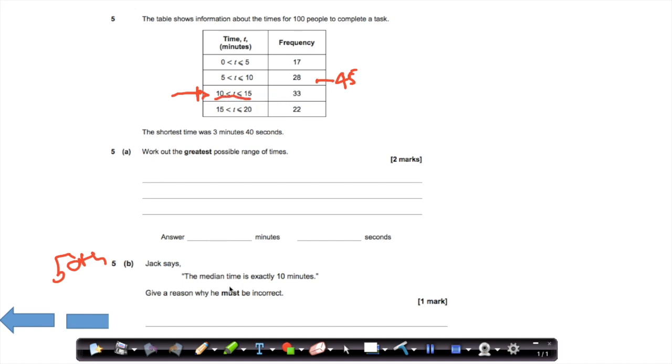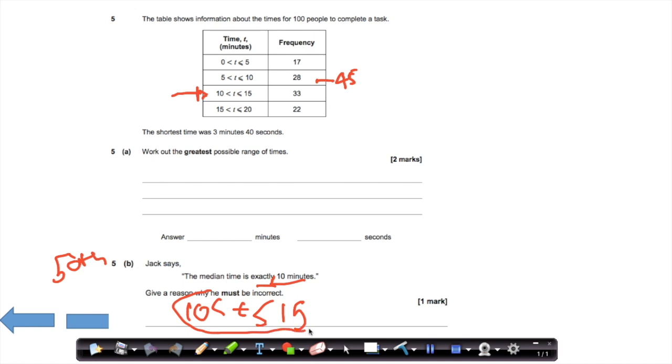Notice here that we are saying 10 is less than the time, which is less than or equal to 15. Therefore, it can't have been exactly 10 minutes. By definition, 10 is less than t, so it can't have been equal to t. Give a reason, you could say that.